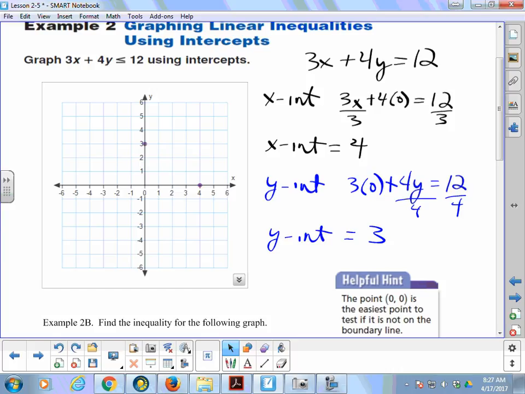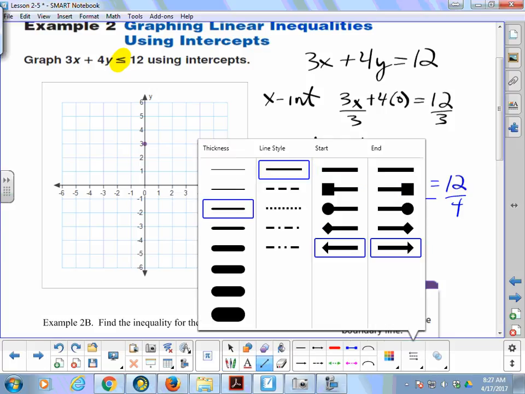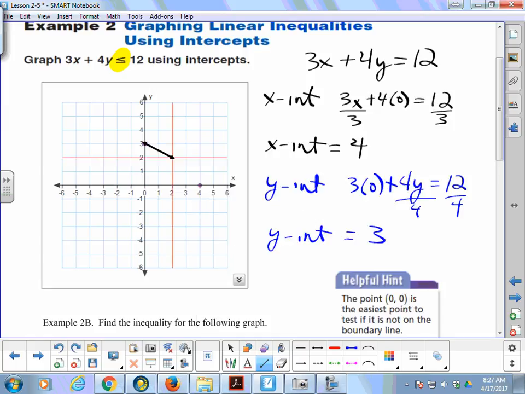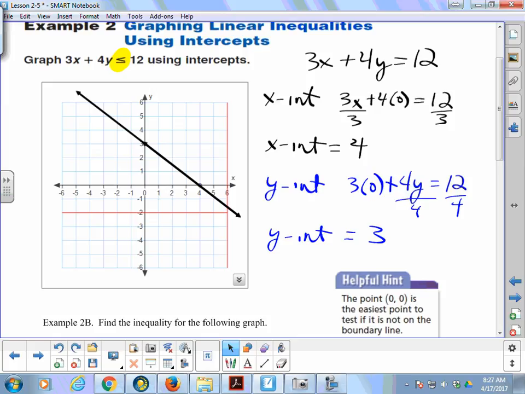Now, in this case, it is less than or equal to, so we know we have a solid line. So the question is which side do we shade? And here's where the origin really comes in handy.